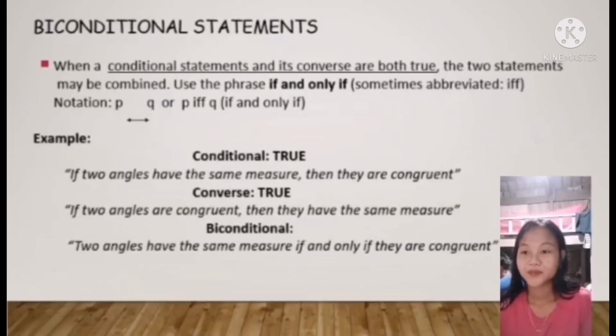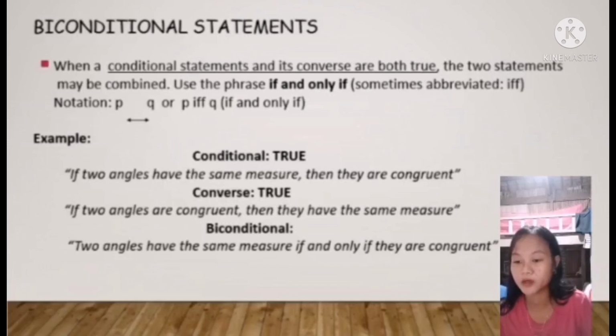Good day, everyone. The biconditional statements. When a conditional statement and its converse are both true, the two statements may be combined using the phrase if and only if, sometimes abbreviated IFF. Example, conditional true: if two angles have the same measure, then they are congruent. Converse true: if two angles are congruent, then they have the same measure.